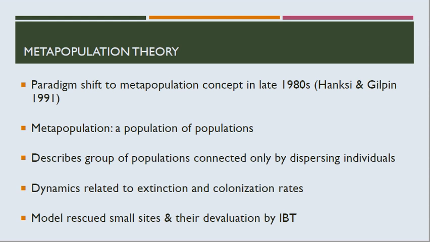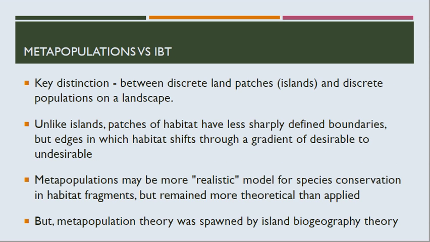So that's a distinction between metapopulation dynamics and island biogeographical theory, in that island biogeographical theory will lump the whole landscape together. So even though they may incorporate a metapopulation, it's only the metapopulation dynamics that will describe the operation of that metapopulation.